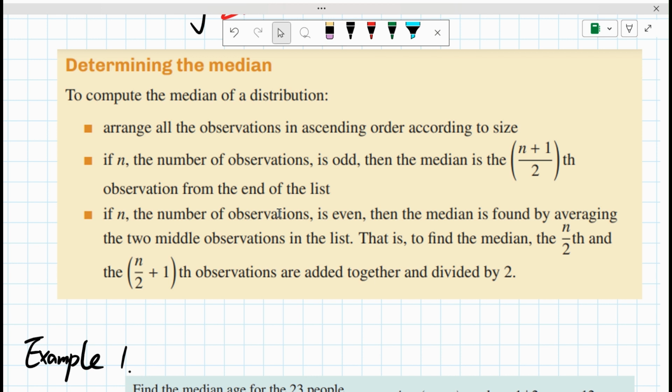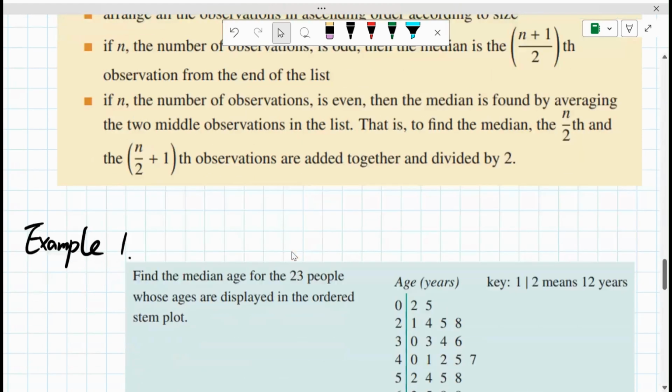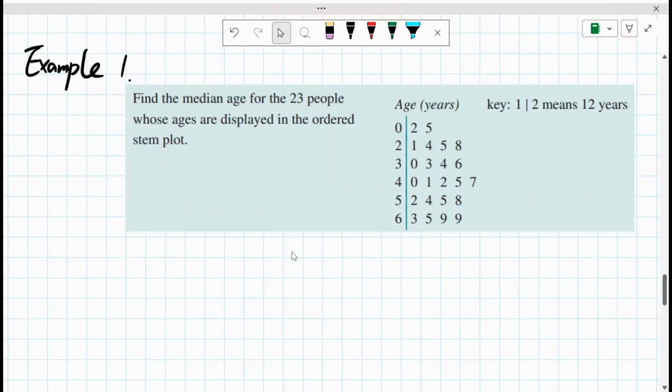If n is the number of observations and n is odd, the median is the (n plus 1) divided by 2 position in the list. And for the other case, the median is the n divided by 2 and the n divided by 2 plus 1 positions. Those two will be your middle numbers, and you add them together and divide by 2. The n can be any number.